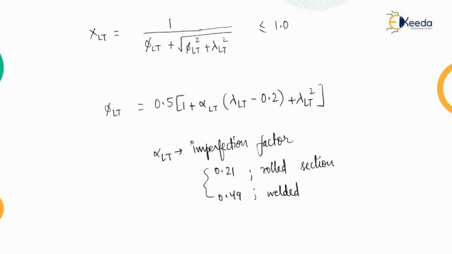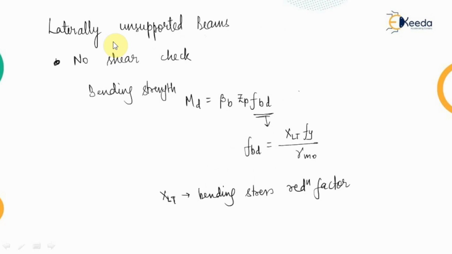Now once we have got all the values, we will calculate this phi LT from the given lambda LT value and the alpha LT value, that is the imperfection factor, and this phi LT value will be placed in the equation for the XLT, which is the bending stress reduction factor. This bending stress reduction factor will be used to calculate the design bending compressive stress.